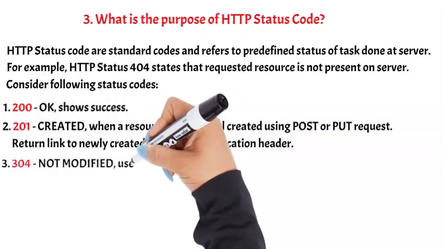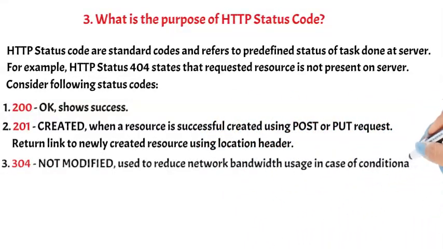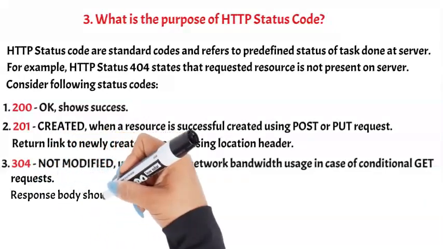3. 304, Not Modified, used to reduce network bandwidth usage in case of conditional GET requests. Response body should be empty.